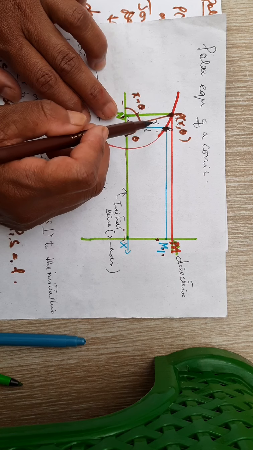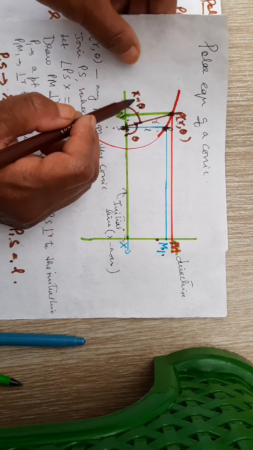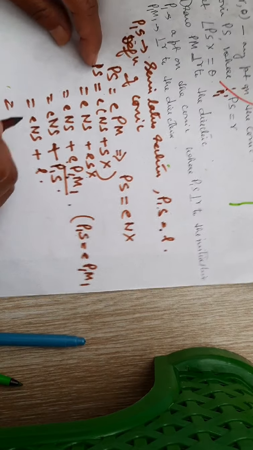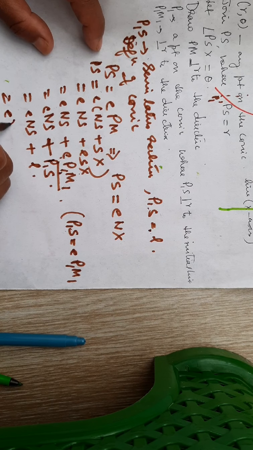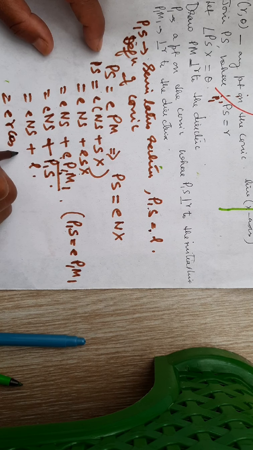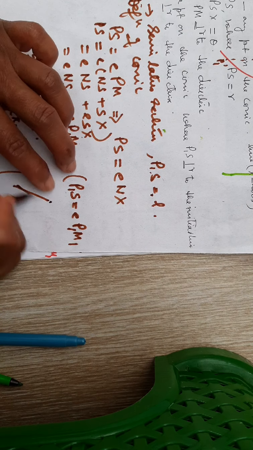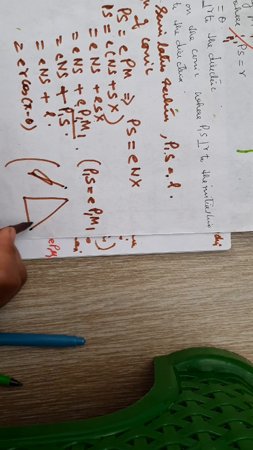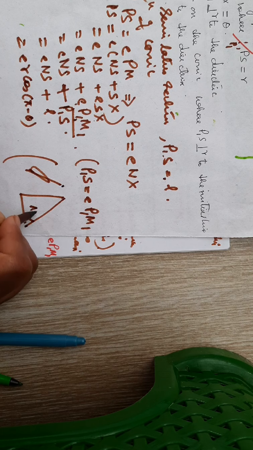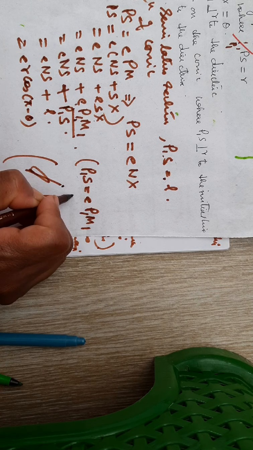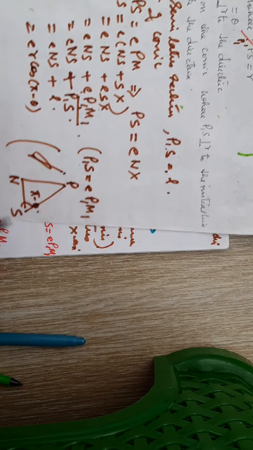So NS will be r times cos of pi minus theta. You can see it is like this: this is pi minus theta, this is P, this is N, this is S.